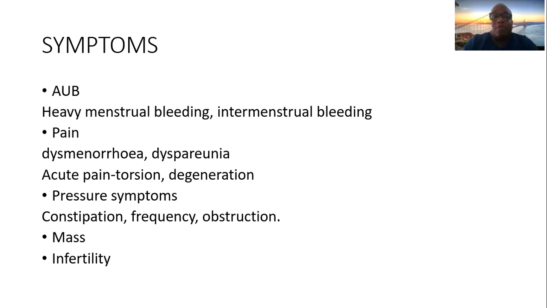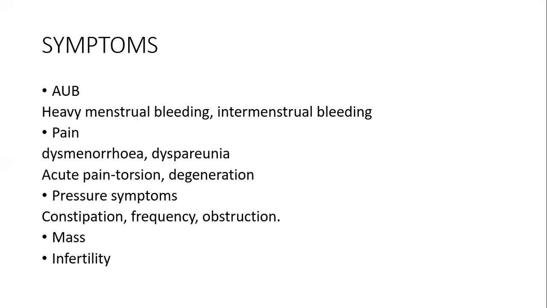And then we have talked of the pressure symptoms. This mass at the uterus compresses the urinary bladder, and that gives you urinary frequency and obstruction of urine, and also compresses the rectum, giving you constipation.